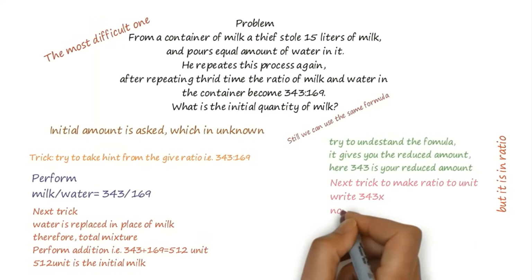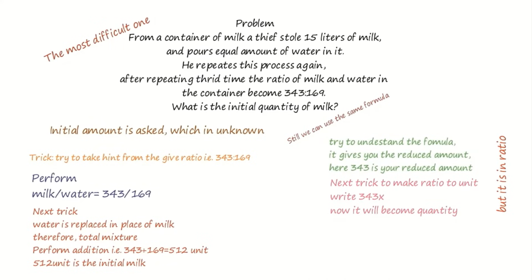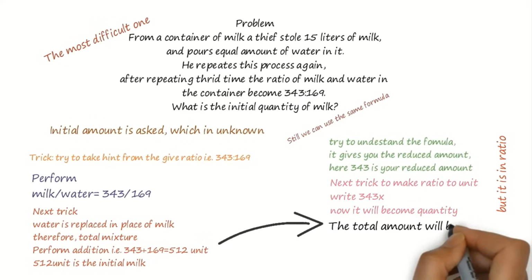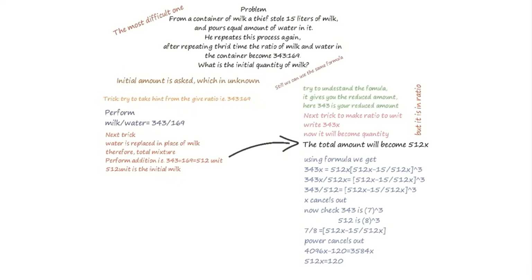Now 343x can be considered as the reduced amount, and we already know the total amount is 512x. So using the same formula we get 512x, which is the initial amount, equal to 120. So look at this calculation carefully. We started our calculation with 512x and ultimately we get 512x as 120. So 120 is the initial amount of milk.